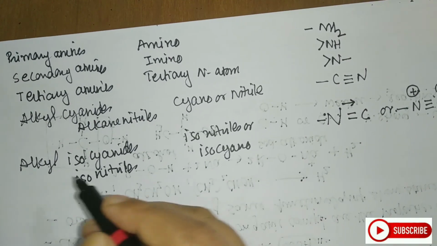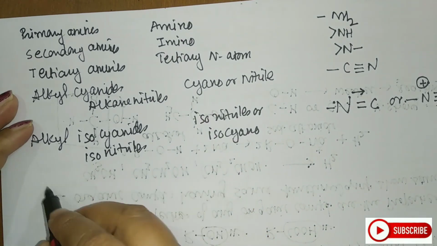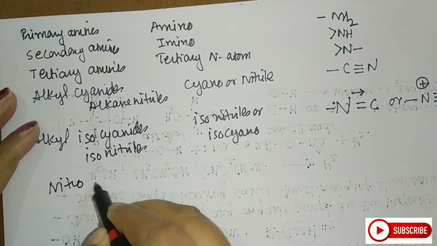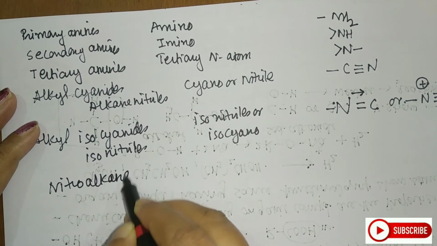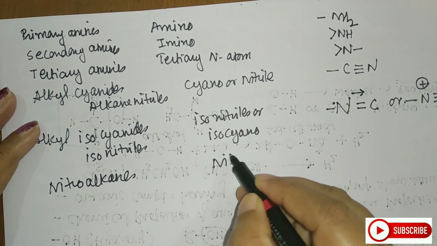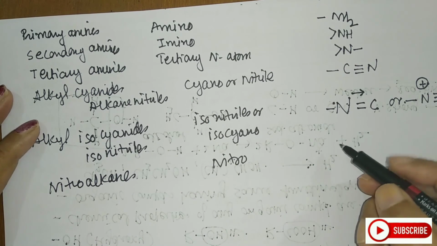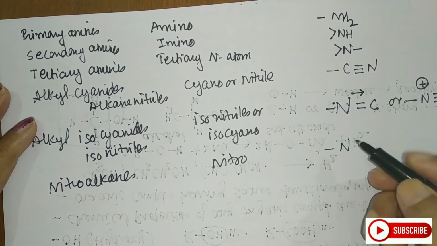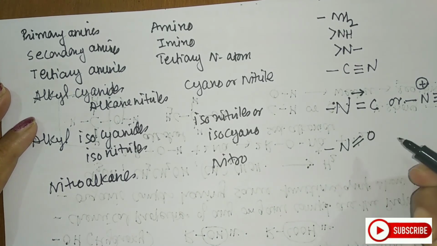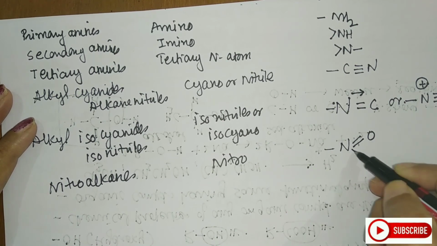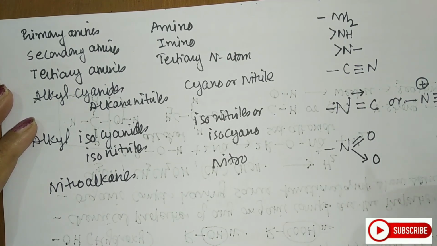So the next group is nitroalkanes. You call them simply the nitro group, and it is shown like NO2, but I am showing the structure here. It is a double bond oxygen and a coordinate bond oxygen in this way.